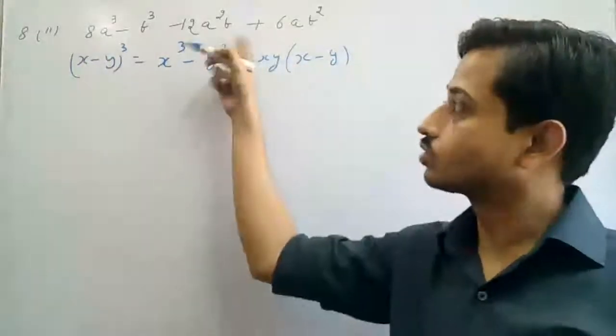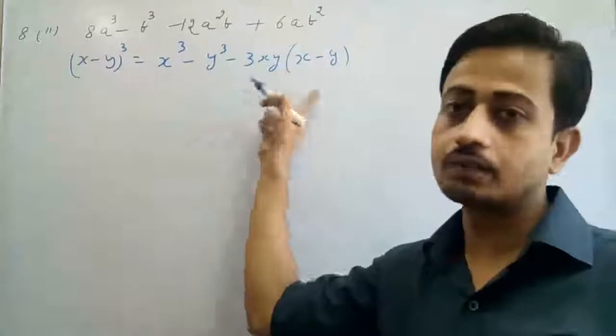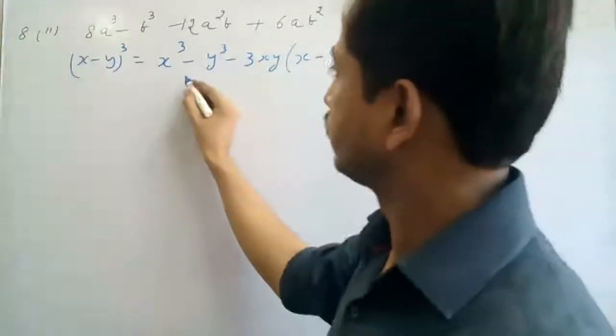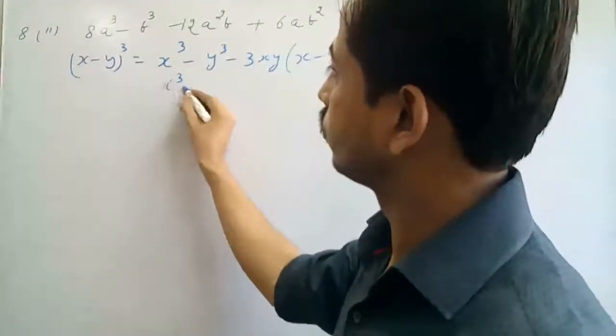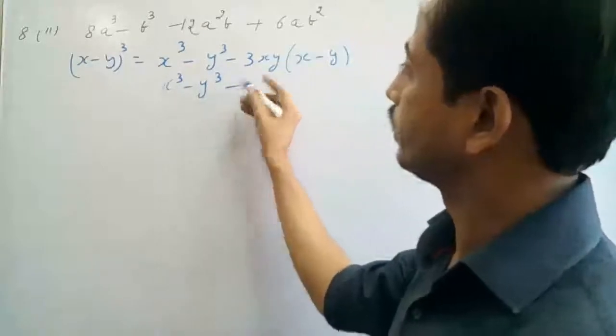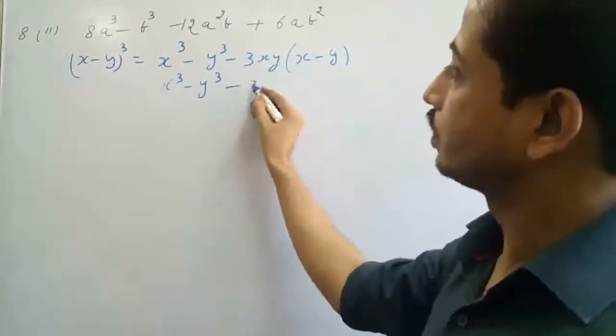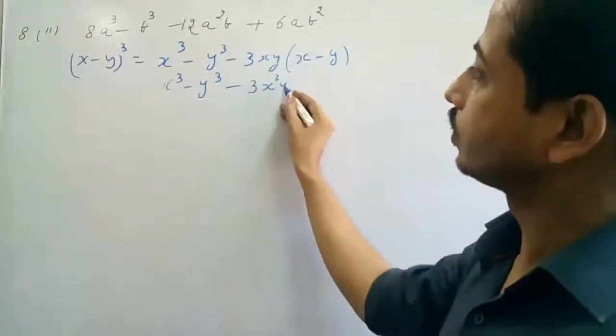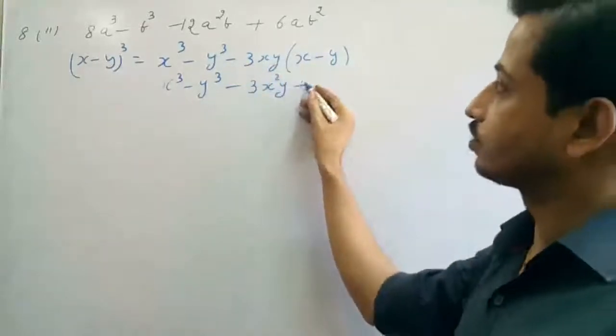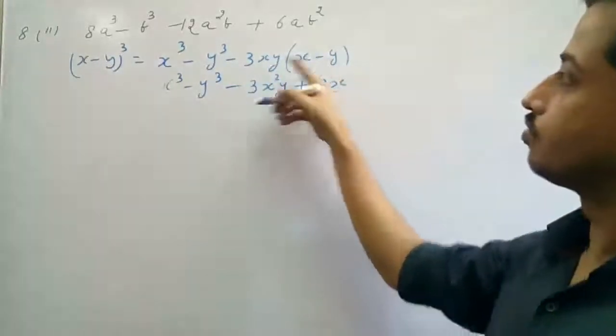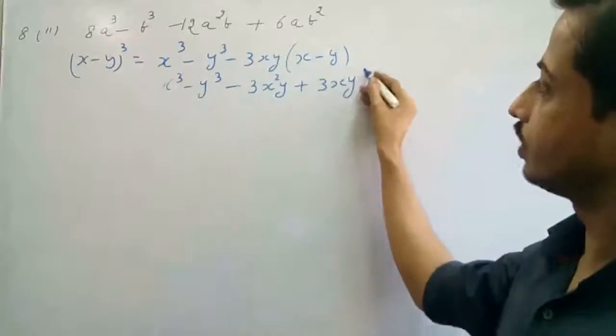It means there is no bracket, so we have to multiply this. We get x cube minus y cube minus 3 into xy into x, we get 3x square into y. Now negative negative becomes positive, 3xy into y becomes y square.